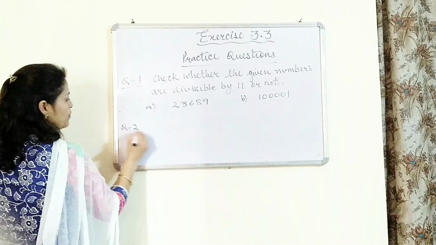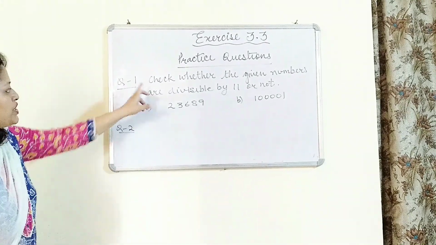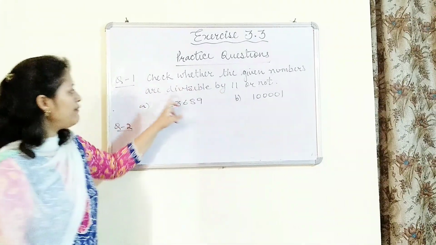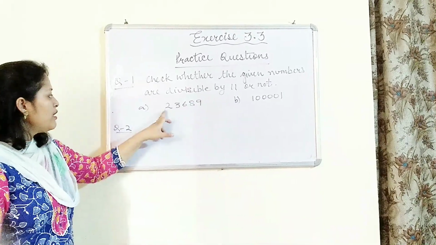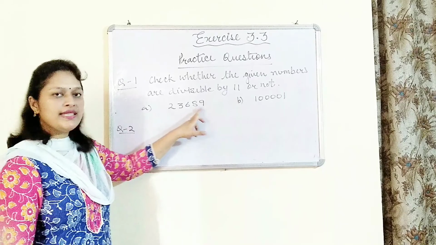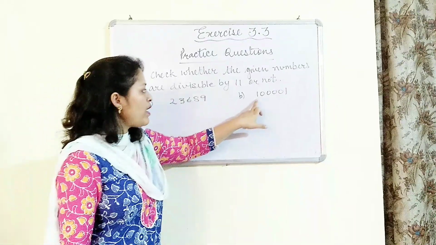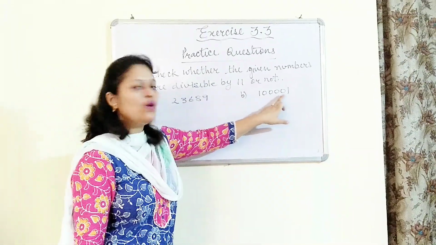The first question is check whether the given numbers are divisible by 11 or not. There are two parts of this question. The first is 2, 3, 6, 8, 9 and the second part is 1, 0, 0, 0, 0, 1.